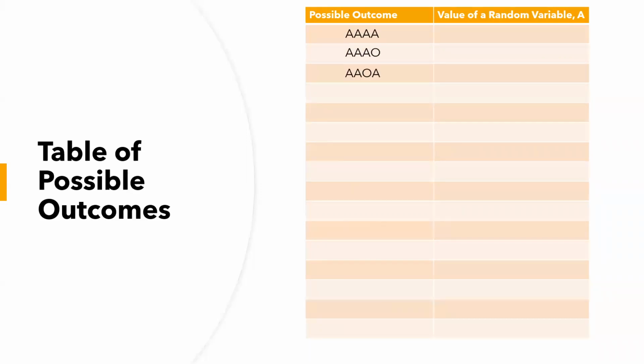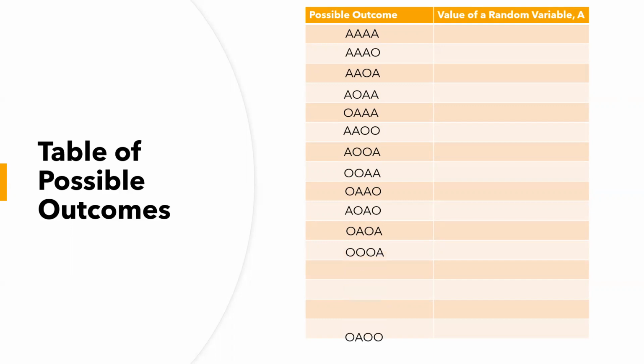Then we're going to list all the possible outcomes wherein we have 3 apples, then all the outcomes wherein we have 2 apples, then all the possible outcomes wherein we have only 1 apple. And last but not least, we need to state the outcome wherein we have no apples.